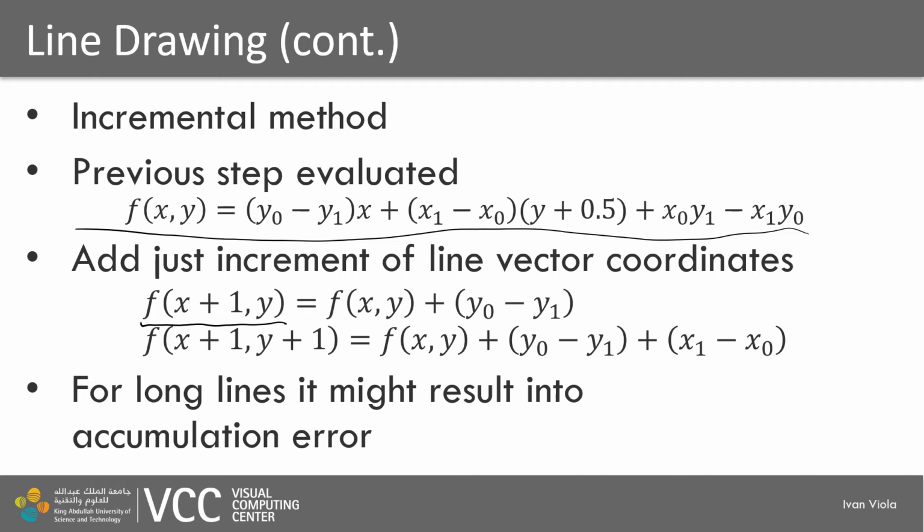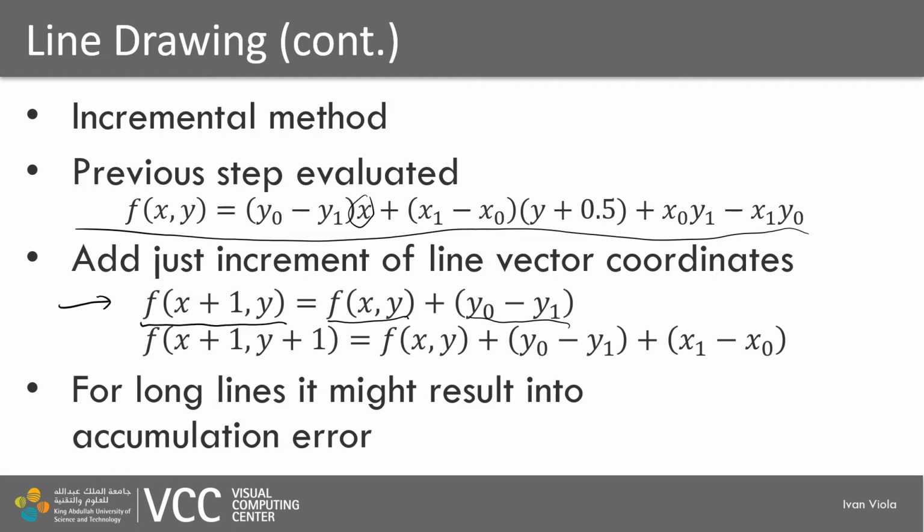So what is the difference to the previous evaluation, which we evaluated in the previous step? Well, it's just that here we would have x plus 1 in this area, which means that we will have one more y0 minus y1 term. So we can simply add that, and then the previous functional evaluation plus this term will give us the values for the new functional evaluation with the y value at the same position.